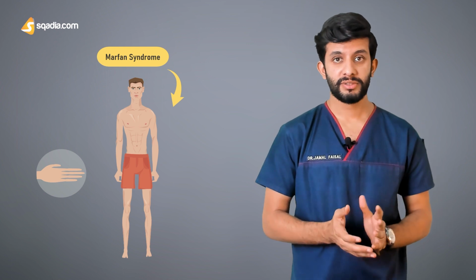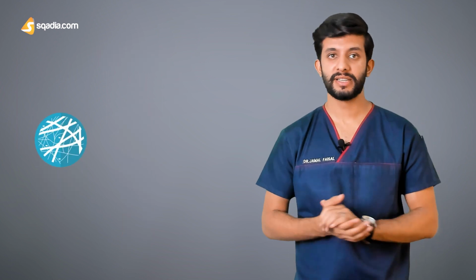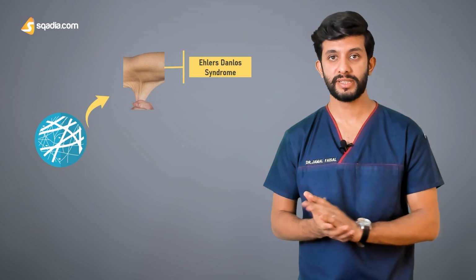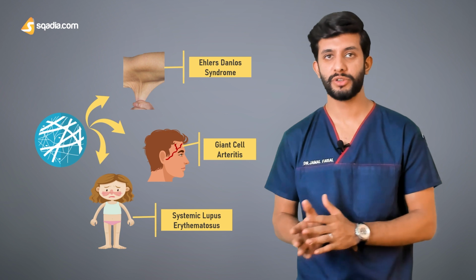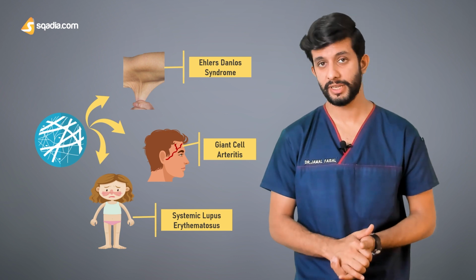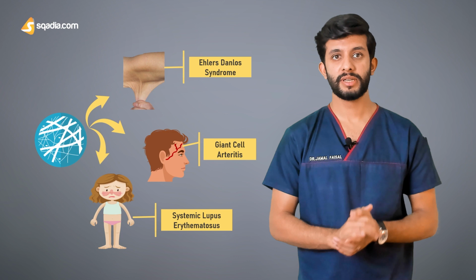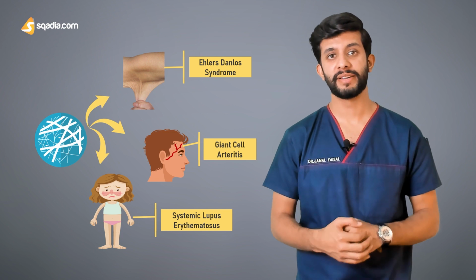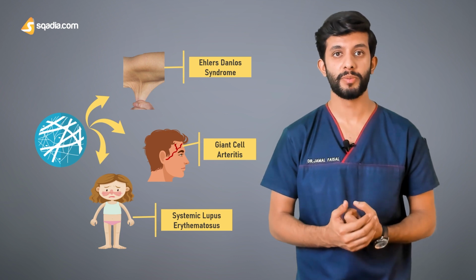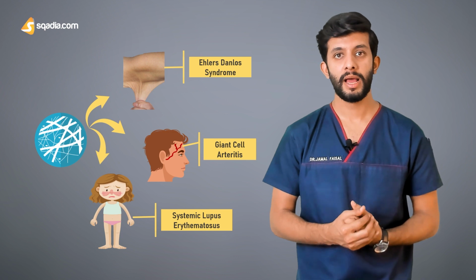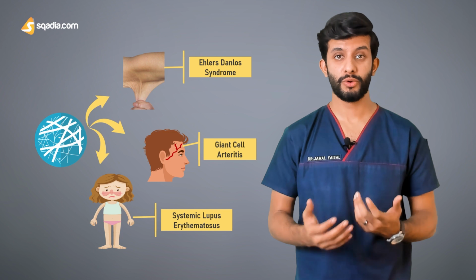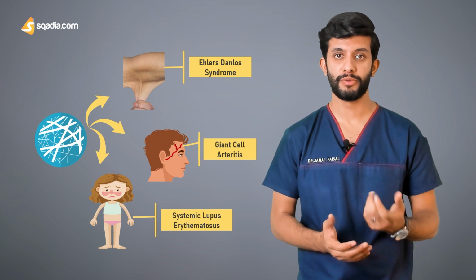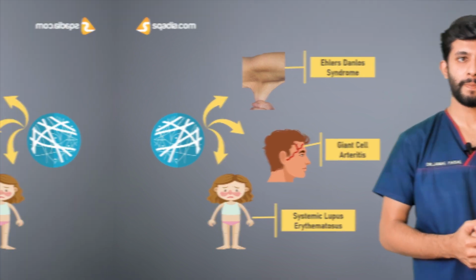Other connective tissue disorders such as Ehlers-Danlos syndrome, giant cell arteritis, and systemic lupus erythematosus have also shown connections to aortic dissections. Now, Ehlers-Danlos syndrome is characterized by very stretchy skin and hypermobility and flexibility. And giant cell arteritis and SLE are autoimmune disorders most commonly seen by rheumatologists.